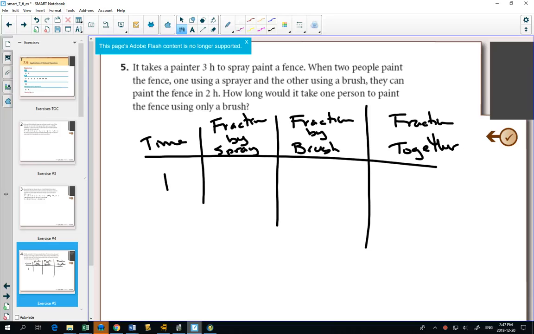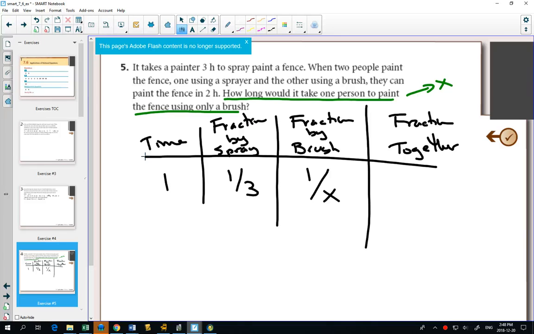So if it takes 3 hours to spray paint the fence, how much would they get done in 1 hour? 1 over 3. We don't know how long it takes to complete it by brush, so 1 over x. Again, we're making x how long it would take using only the brush. How much do they get done together in an hour?